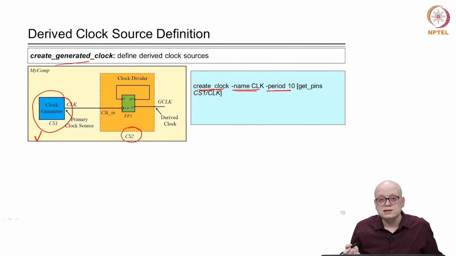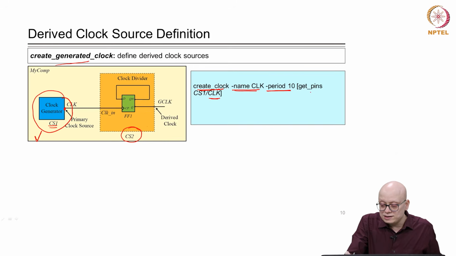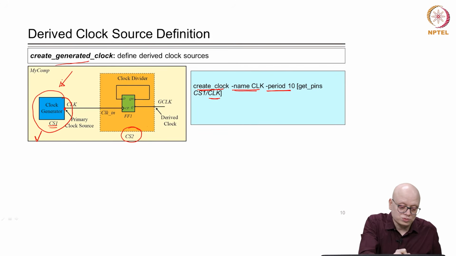Let us say the time period is 10 time units. Then where we are defining it: on an internal pin whose pin name is CLK and the instance name is CS1. So, we write get underscore pins CS1 slash CLK. This is the definition of the primary clock source.